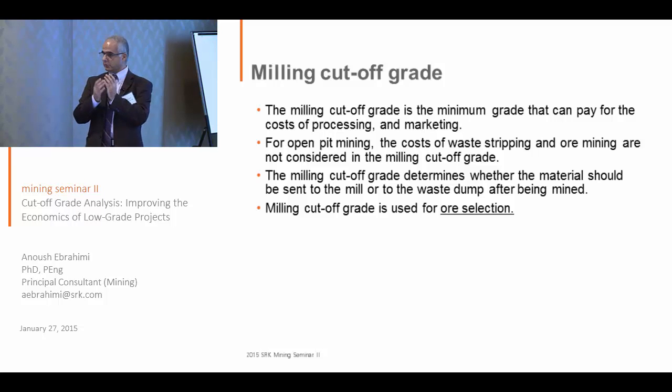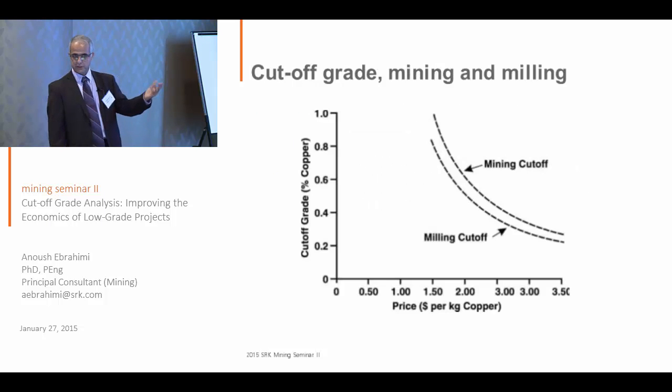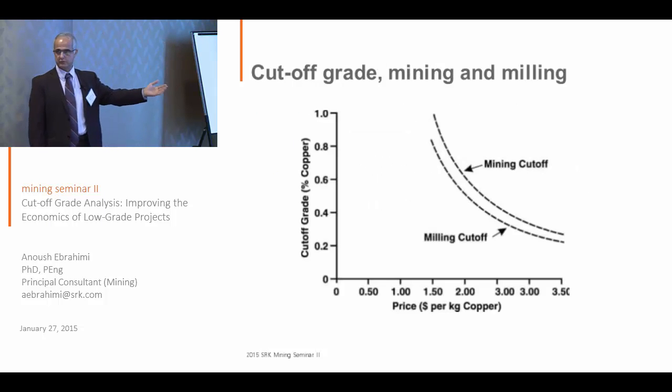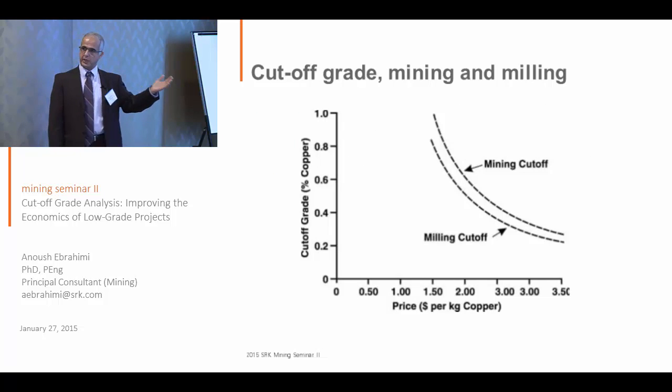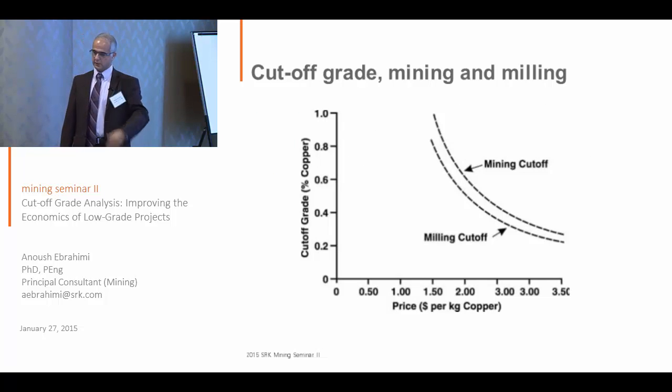So it's important to know which cutoff we are always talking about, and in this graph you can see mining cutoff is higher and milling cutoff is lower, because mining cutoff basically pays for the mining cost, whereas milling cutoff does not.